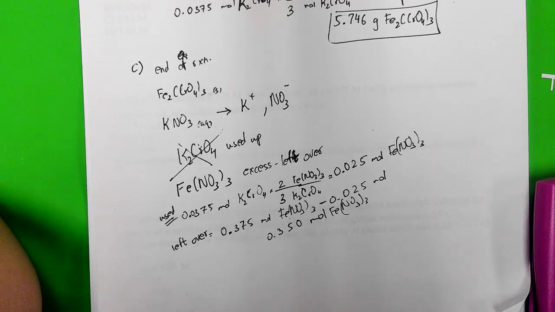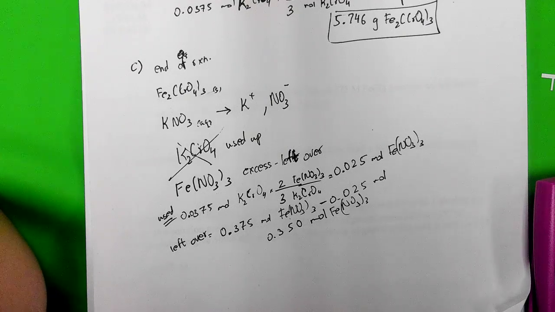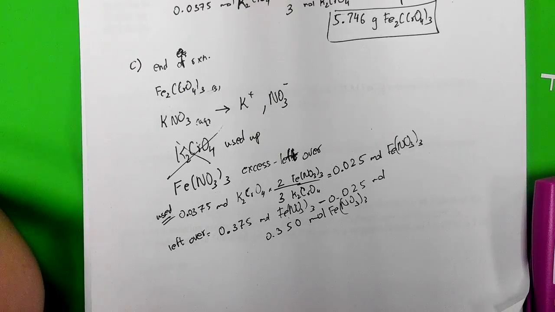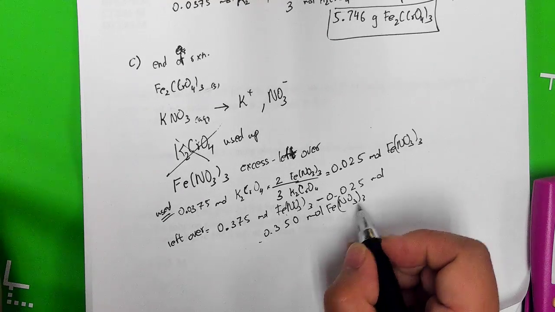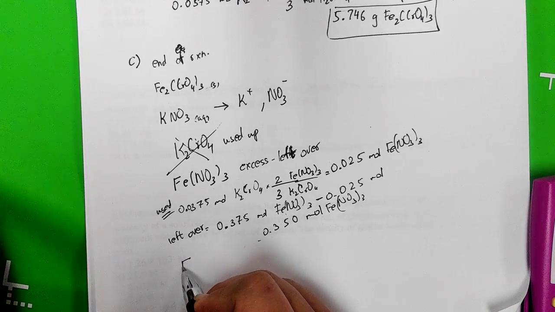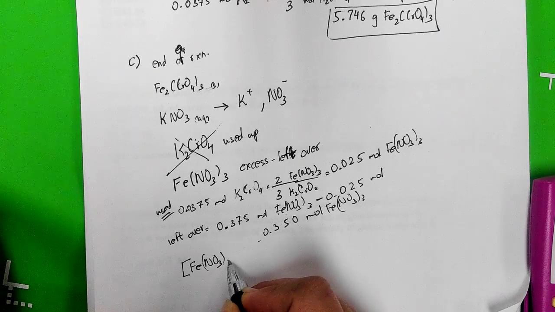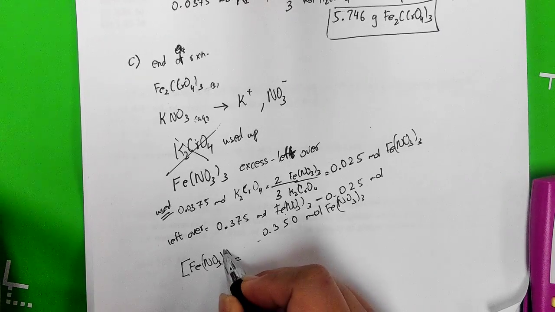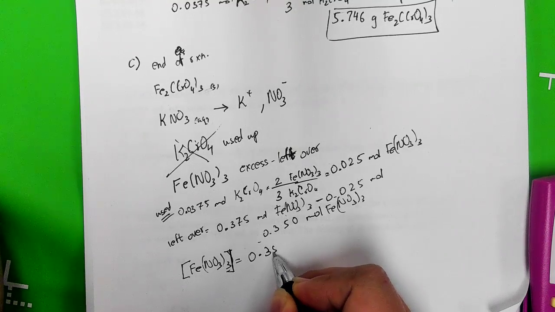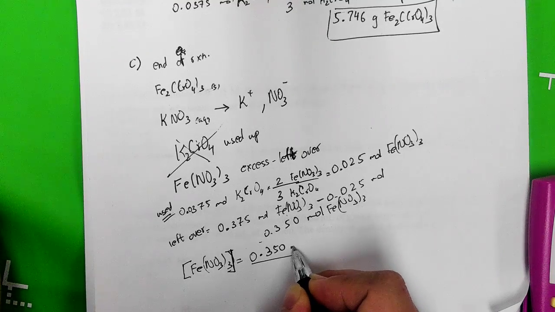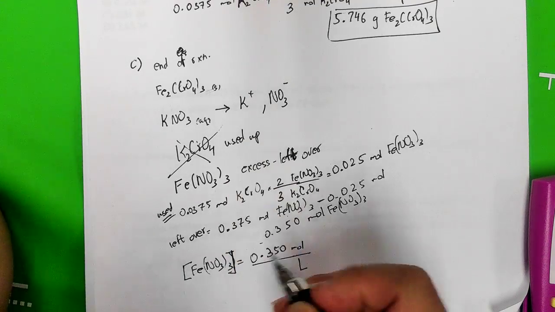Okay, I believe it was 0.35. Yeah. This is how much. Now let's talk about the concentration of Fe(NO3)3. You want to find it? It's easy. The moles divided by liters. Where are you going to get liters? Go back and look.